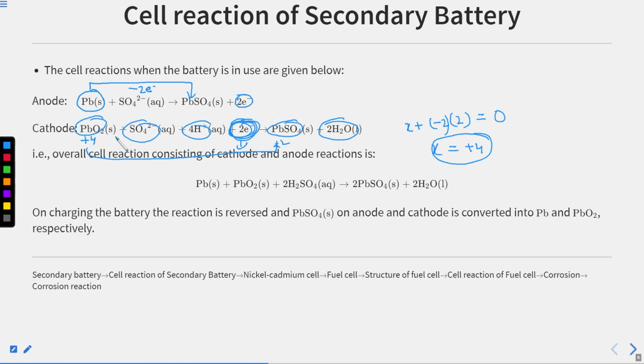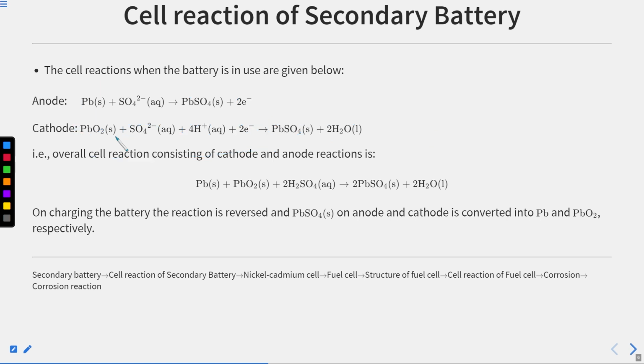We can add simply both these reactions to get our overall cell reaction. So if you add it, it would look like this: Pb, and this SO4 2- will add up and will be 2 H2SO4. How, we will see later. This is PbSO4, there will be 2 PbSO4. So only these 2 electrons will get cancelled.